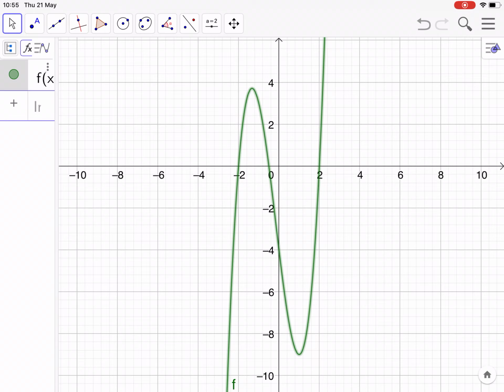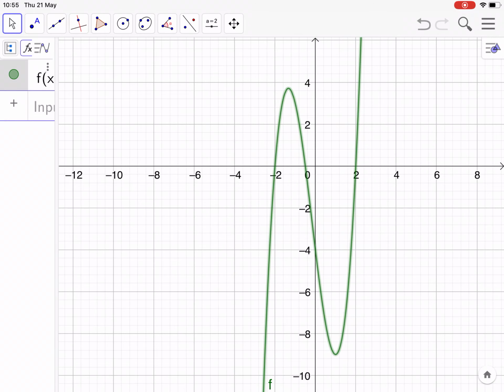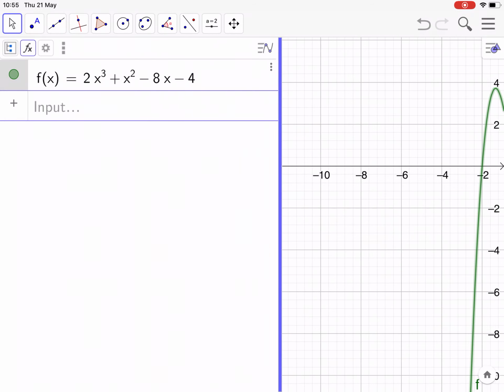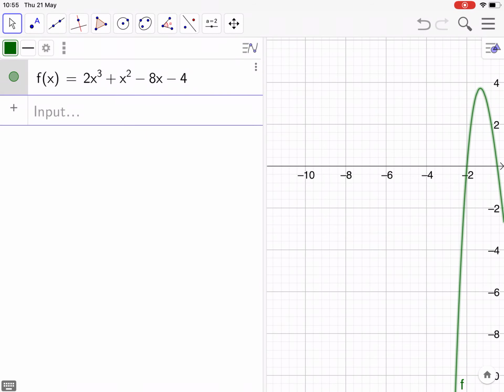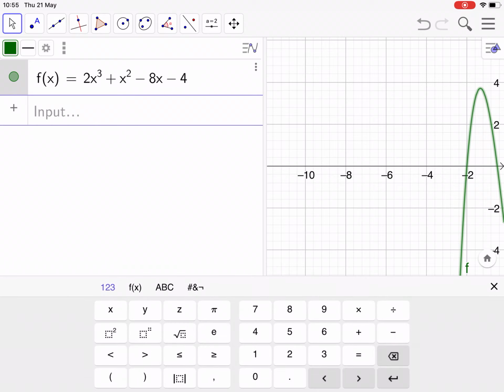Now we want x, if you remember, and let's put that in here now. The range that it asked you to do was between minus 2.5 and 2.5. So I can say minus 2.5 is less than or equal to x, and x is less than or equal to 2.5.